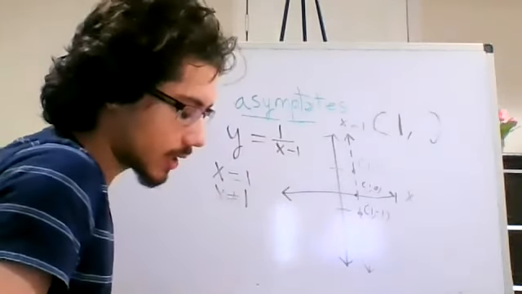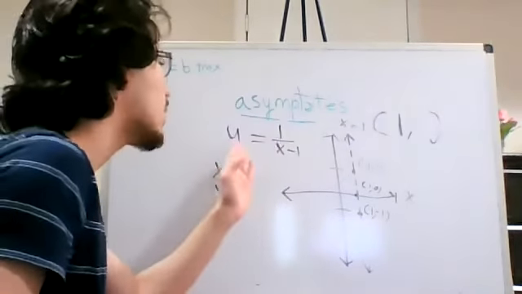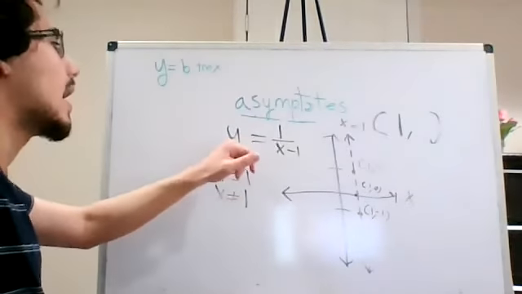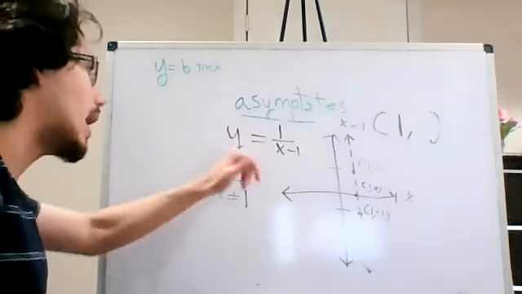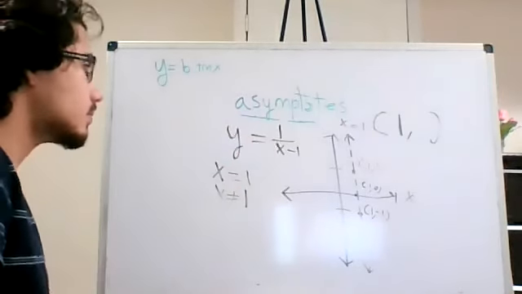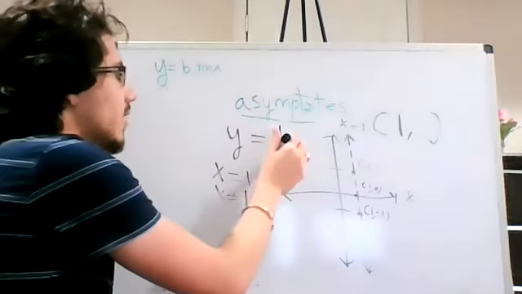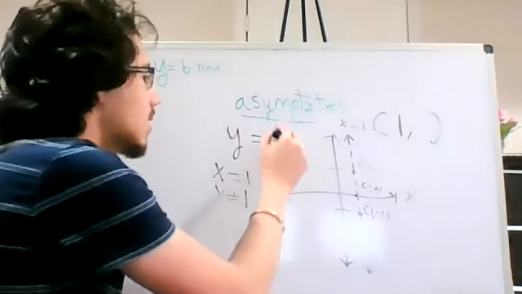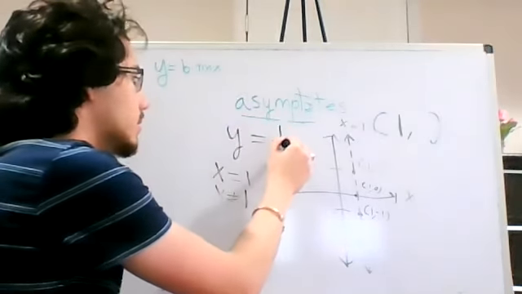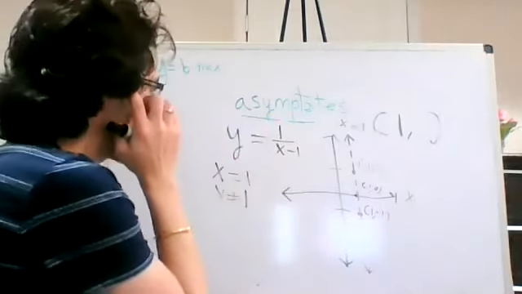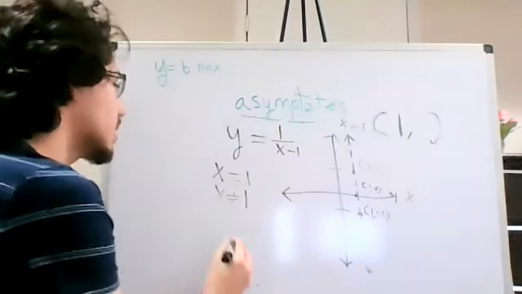Well, we just have to look at the function and figure out what can y not be. We have to see what this function cannot be, because y is the function.